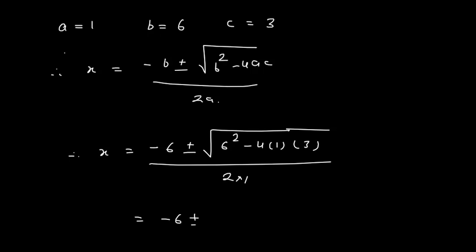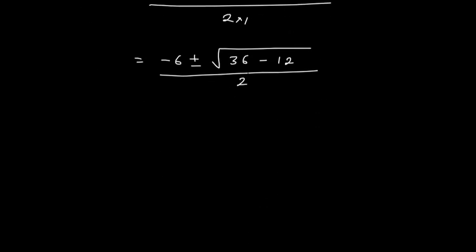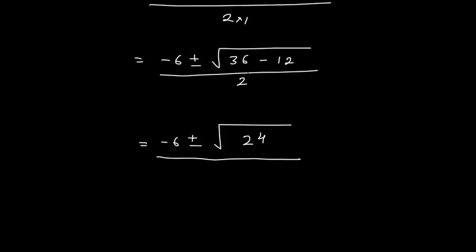So this is minus 6 plus or minus root of 6 sixes are 36 minus 4 threes are 12, and whole divided by 2 into 1 is 2. So this is equal to minus 6 plus or minus root of 36 minus 12, so 24, upon 2. So this is equal to minus 6 plus or minus, here I will take 2 and here it is 6, whole divided by 2.